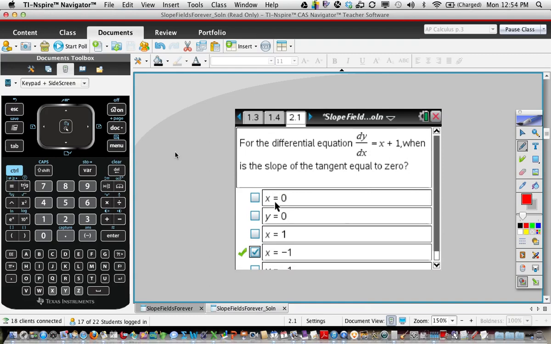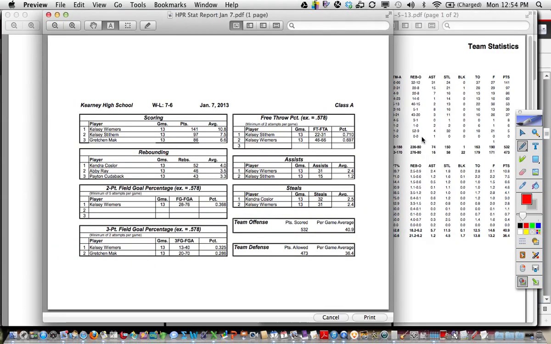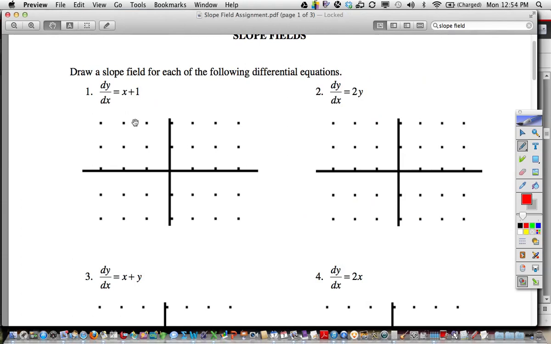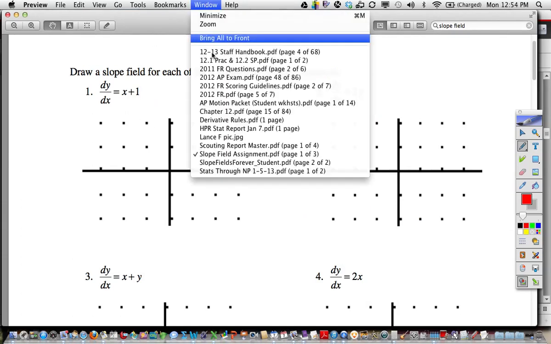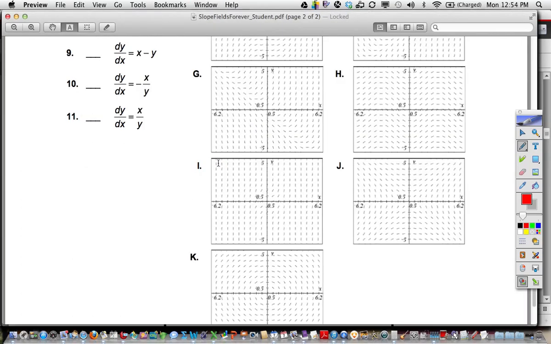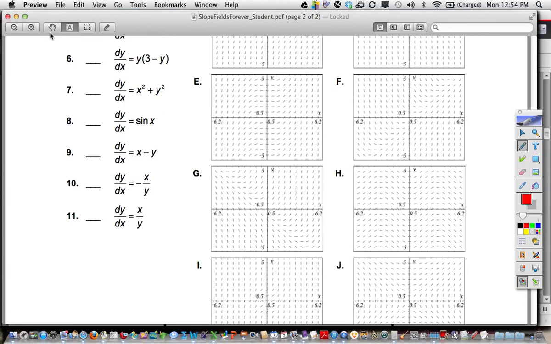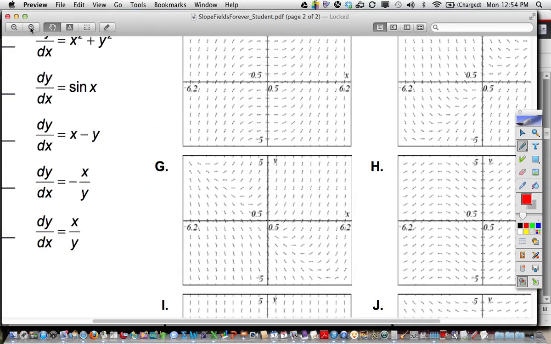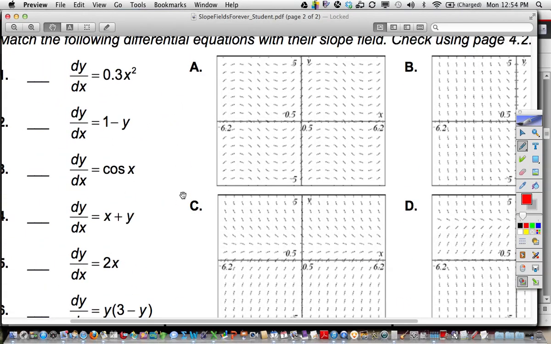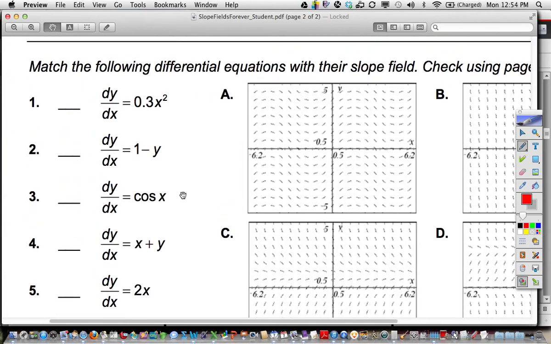All right, now look at the back of your worksheet for a second. Everybody turn to the back of the worksheet. And this goes to something that Natalia asked a little bit ago. Here's something that you're going to be doing here in a little bit.